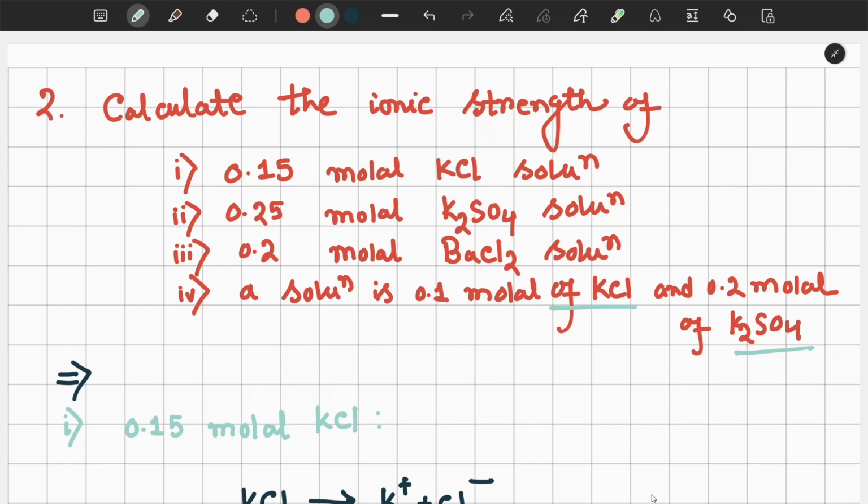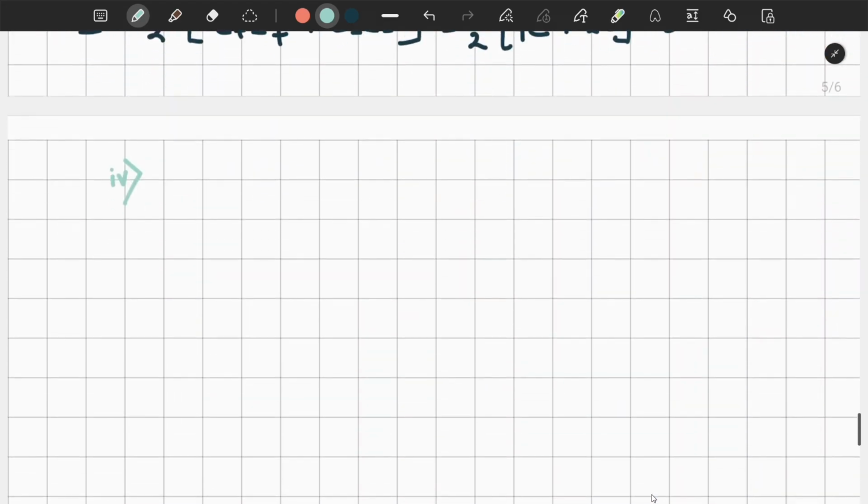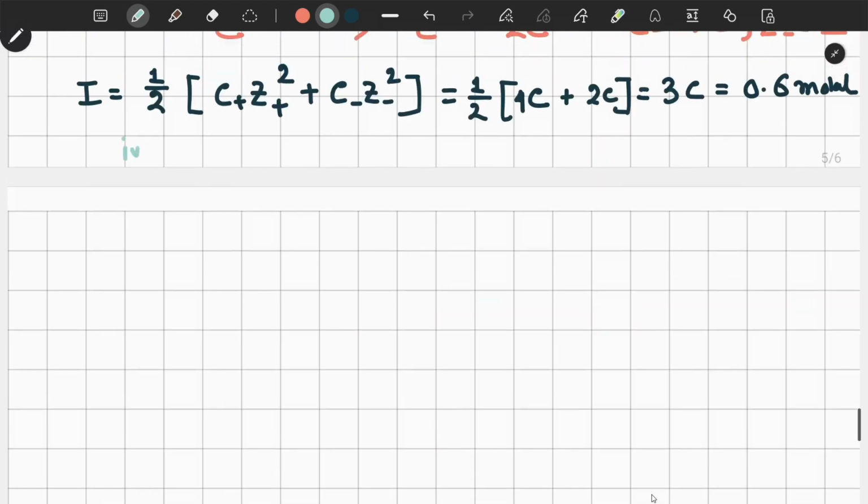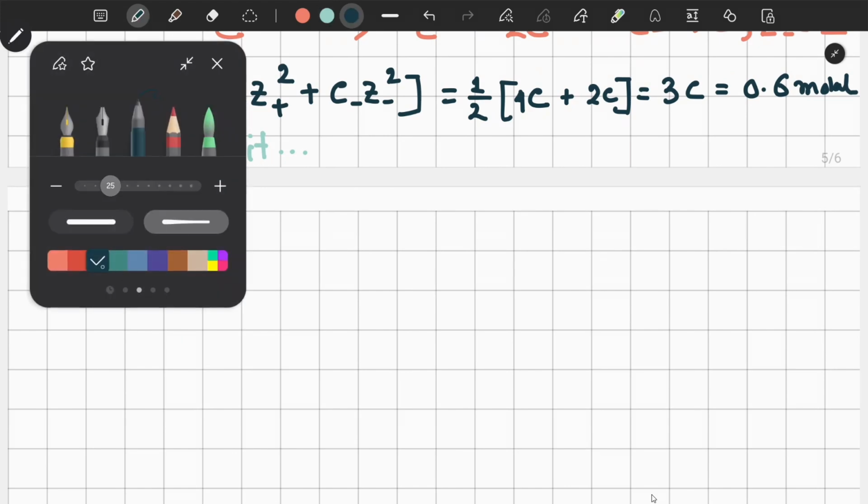Now you see, you can do it just in your thought. You don't need to solve it in writing. It's very easy. If anybody wants to do it, go ahead.